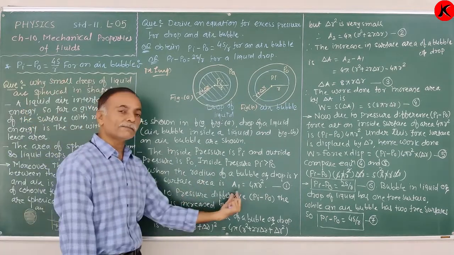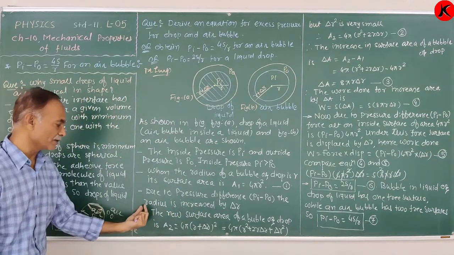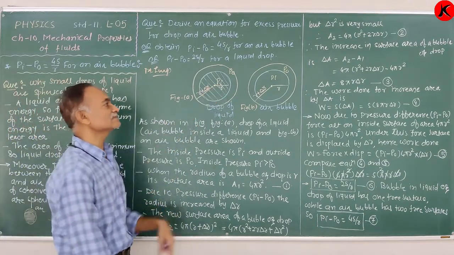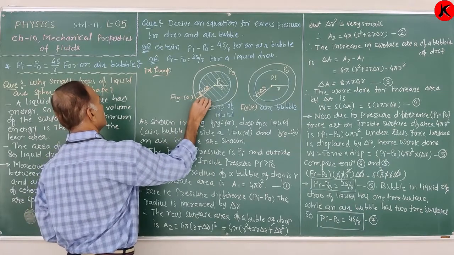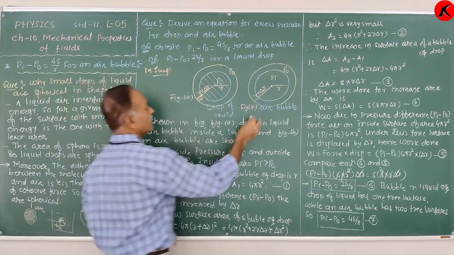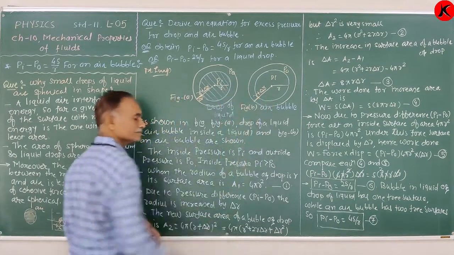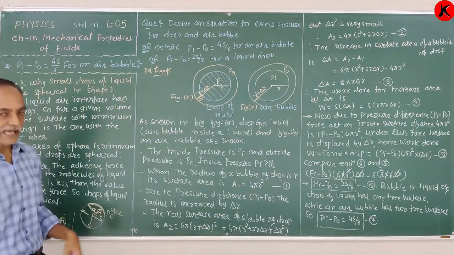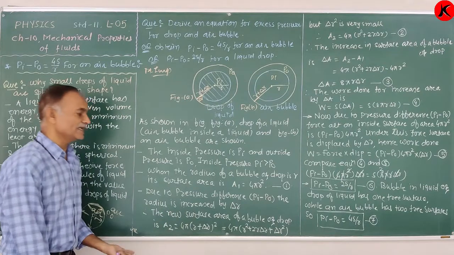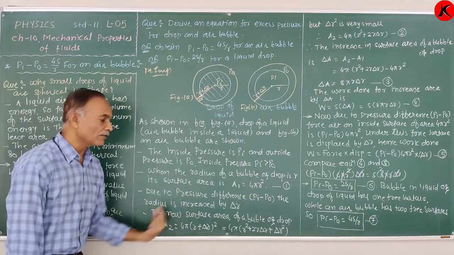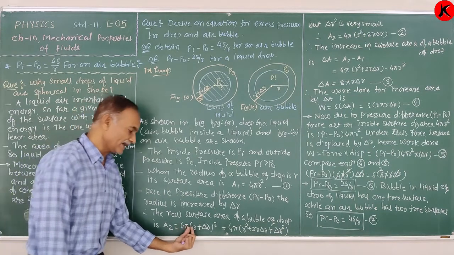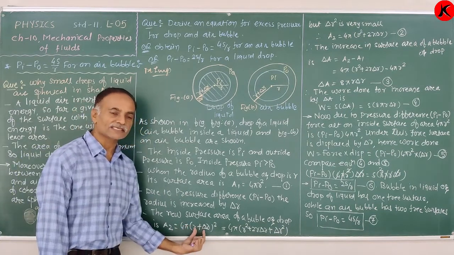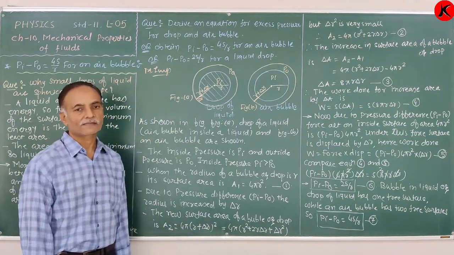Therefore, due to the pressure difference Pi minus Pu, the radius is increased by delta R. Therefore, the new surface area of the bubble or the drop, A2, is equal to 4 pi into bracket new radius R plus delta R whole square.